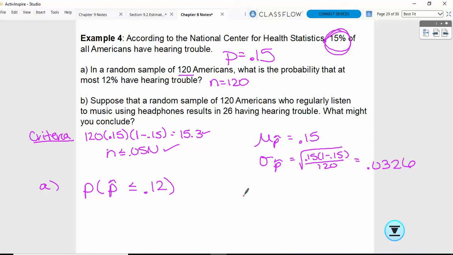So I need the probability that p hat is less than or equal to 0.12. So we have to get our z.